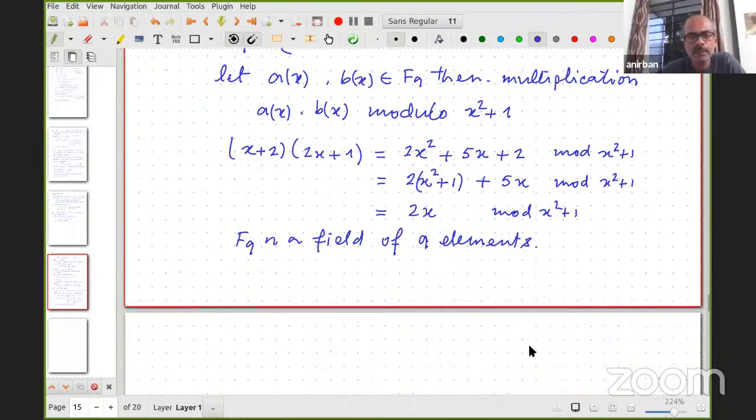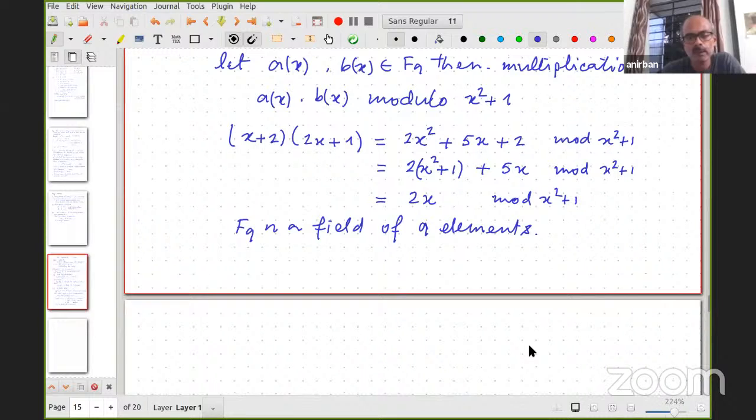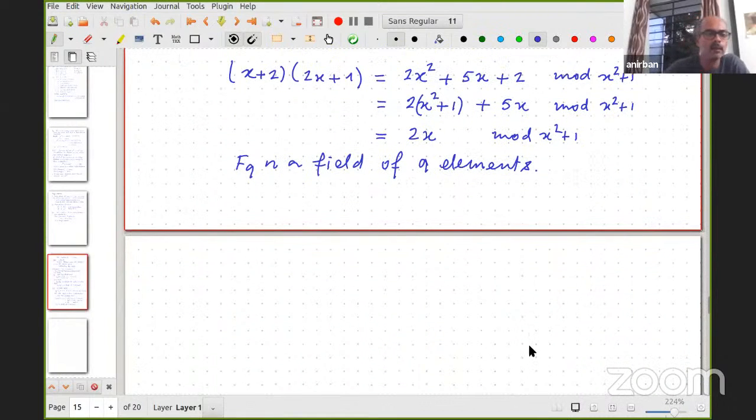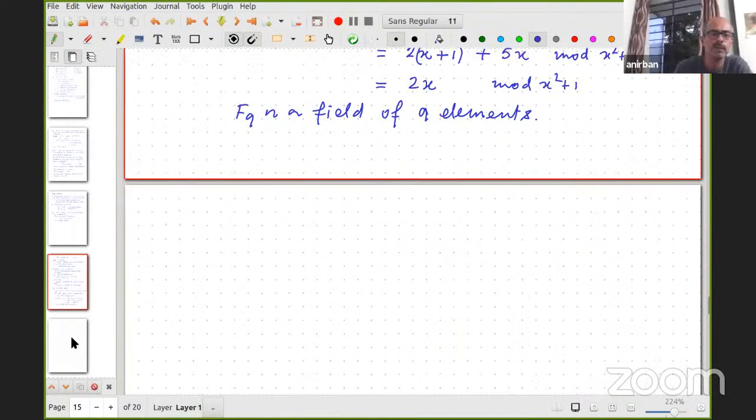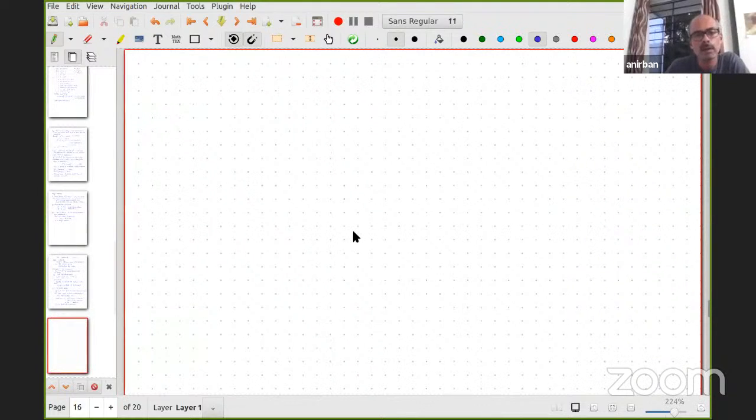So we have examples of fields of prime order, and also fields of order which are not prime. There were interesting exercises regarding these fields, which I would post separately. I'll just email some set of problems that you can think about.